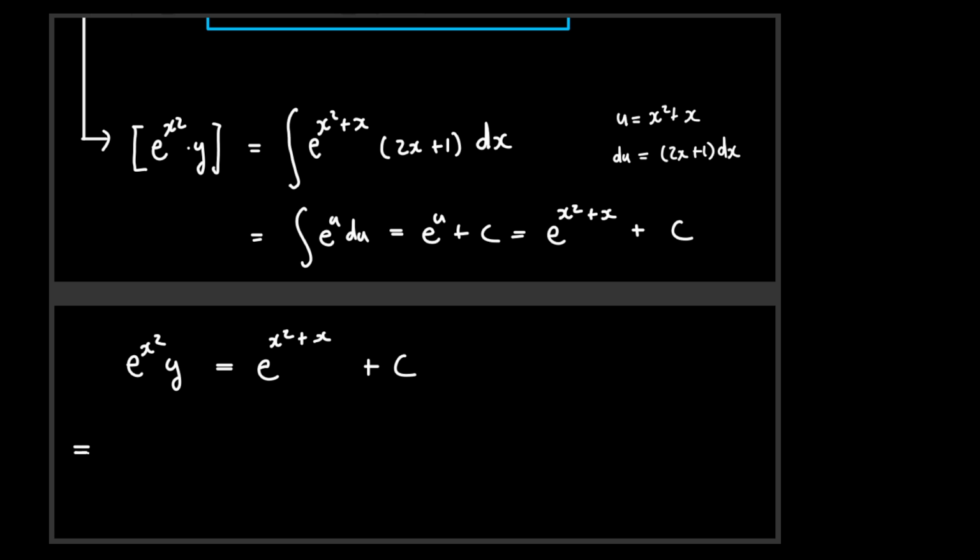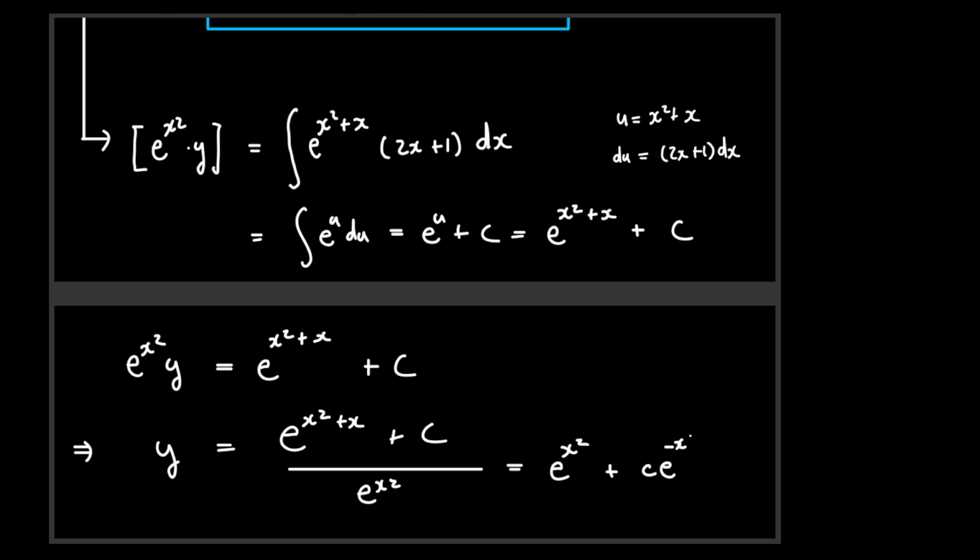And so we can divide through by the e to the x squared term and get that y is equal to e to the x squared plus x plus c all over e to the x squared. And one just simplifies this to get e to the x squared plus c times e to the negative x squared. Okay.